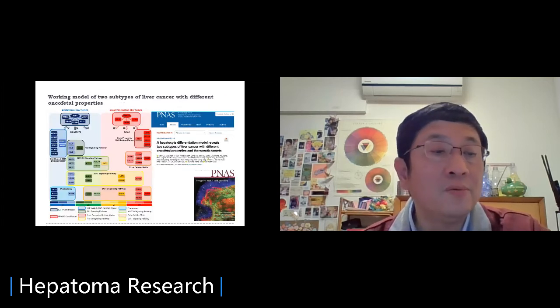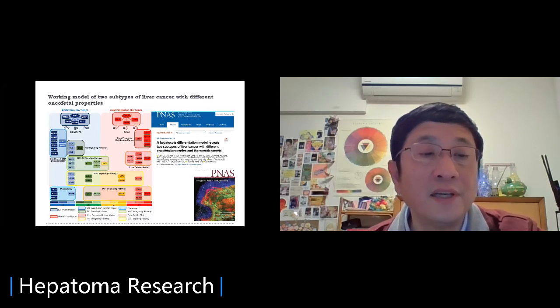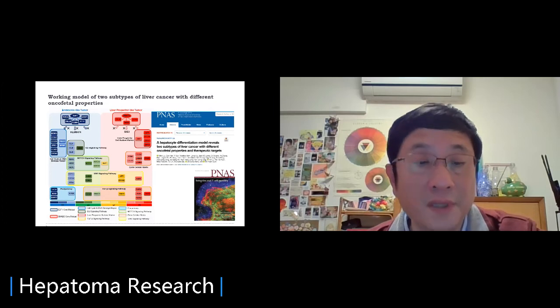So in summary, we identified gene expression signatures and liver cancer subtypes through linking hepatocyte differentiation with liver tumorigenesis. Activation of specified developmental signaling pathways along different stages of hepatocyte differentiation reveals two major subtypes of liver cancer with different oncofetal properties.